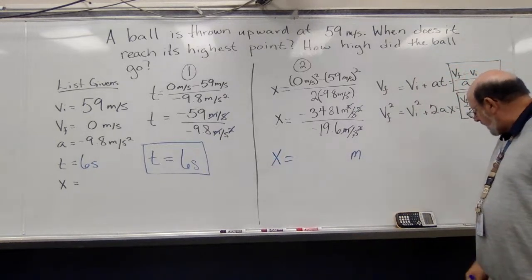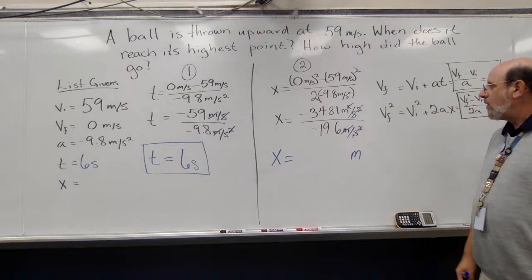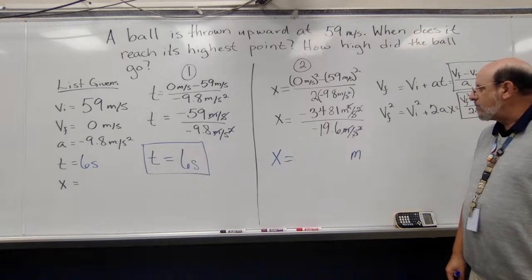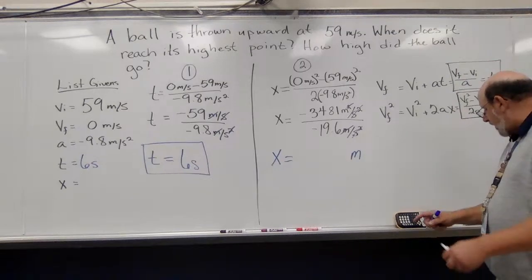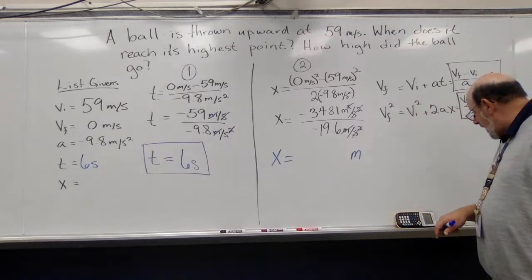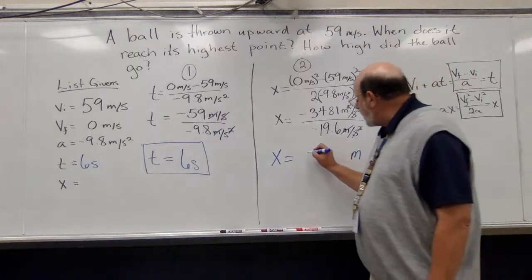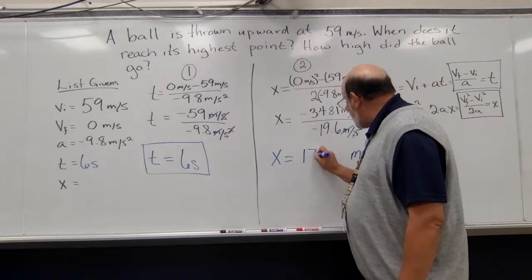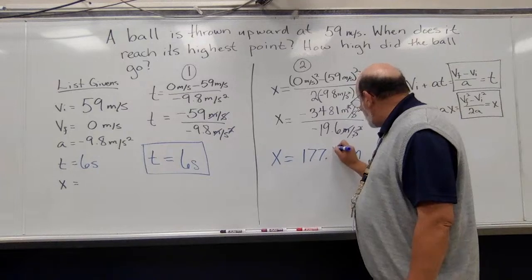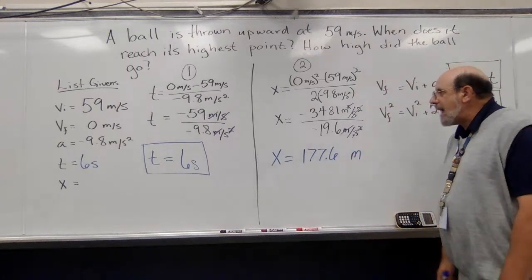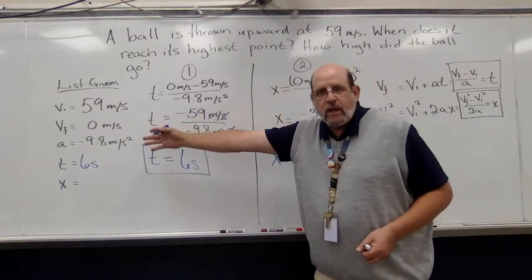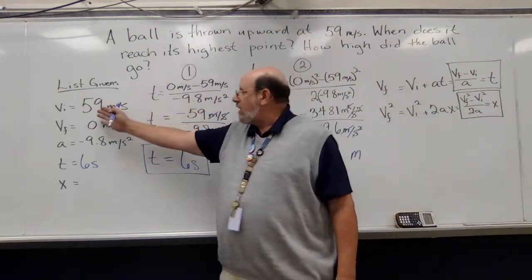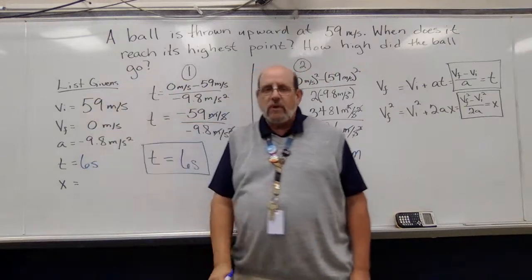Now, 3,481 divided by 19.6 is, and they're both negatives, so we divide and we get 177.6 meters. Now, if we look at the data we've been given, our least precise measurement is here at 59 meters a second.